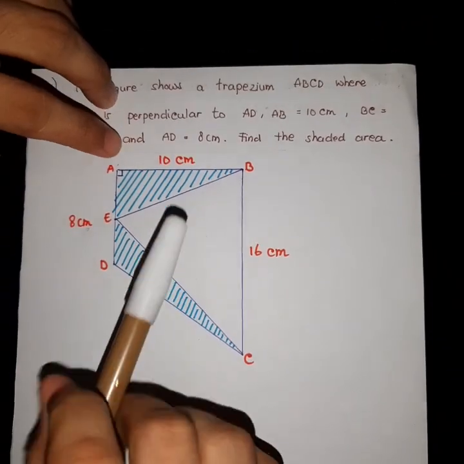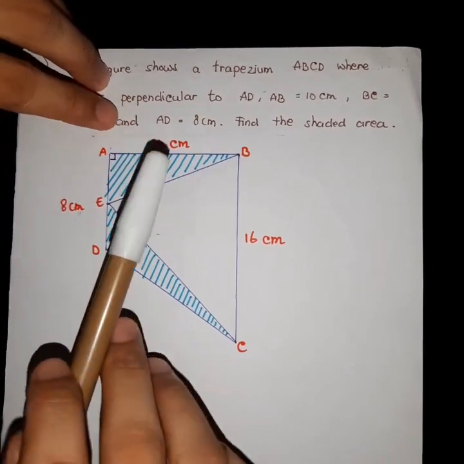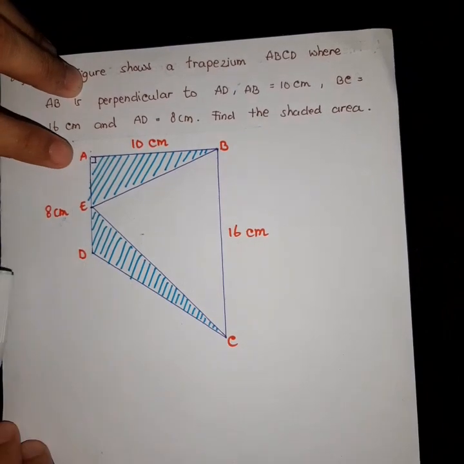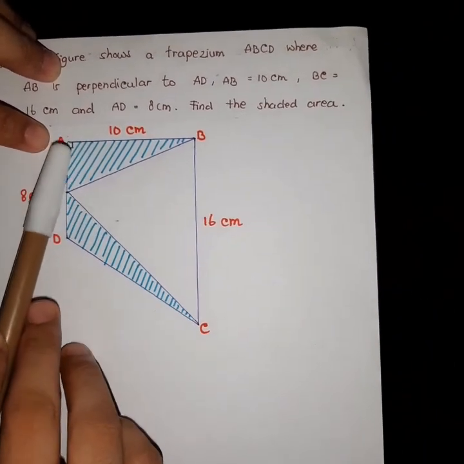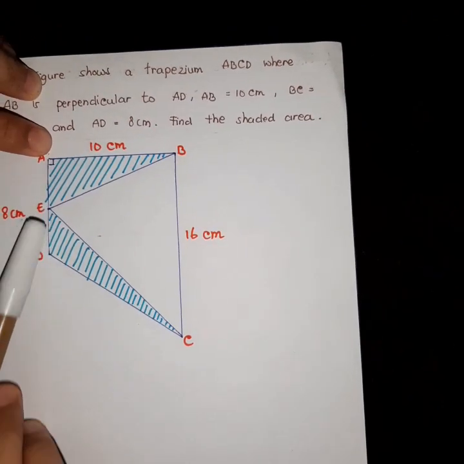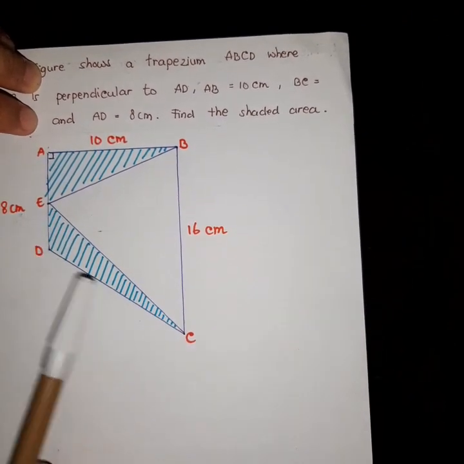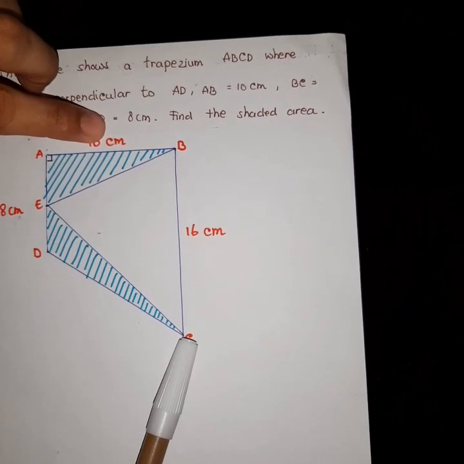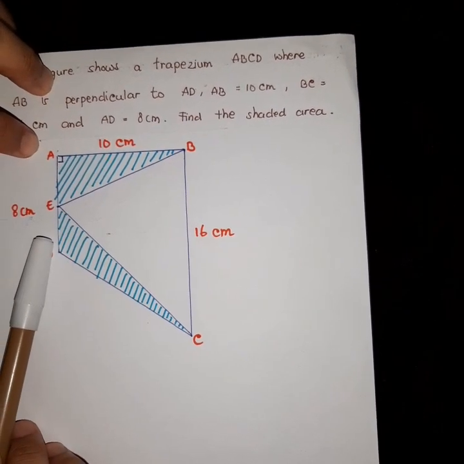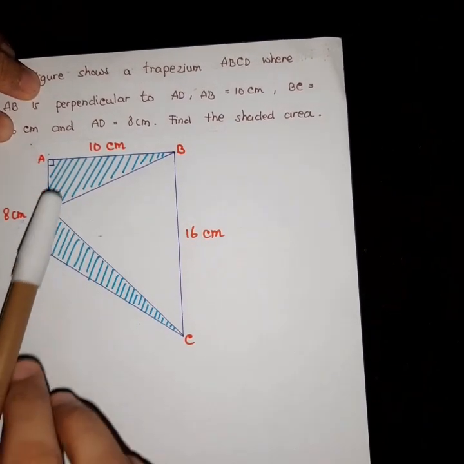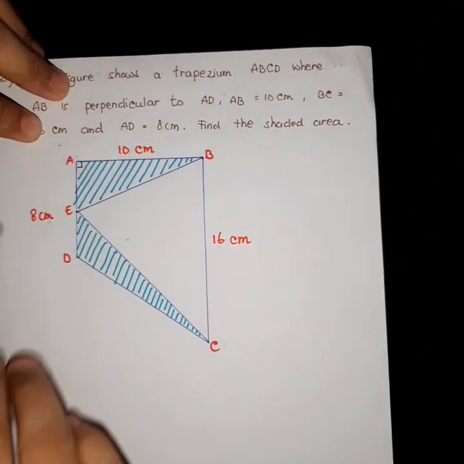For this triangle, for example, we know the height is 10 centimeters, but how about the base? We only know that AD is 8 centimeters, but we don't know the length of AE. So that's for triangle EDC. Maybe the height is 10 centimeters also, but the base we don't know the length. So the only way to find this shaded area is to look at the bigger picture.